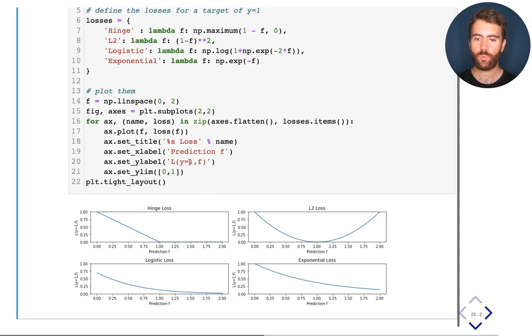Especially if there's a point that's very far, it will assign a lot of penalty to that point, and an algorithm that optimizes the exponential loss is going to try really hard to minimize the worst case predictions. So it's going to emphasize a lot minimizing the errors on the points that are misclassified the most.